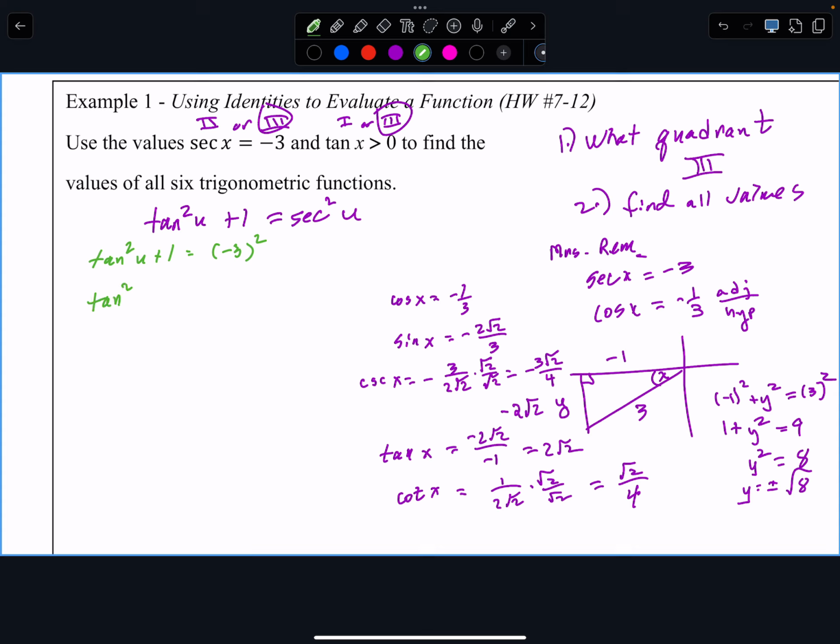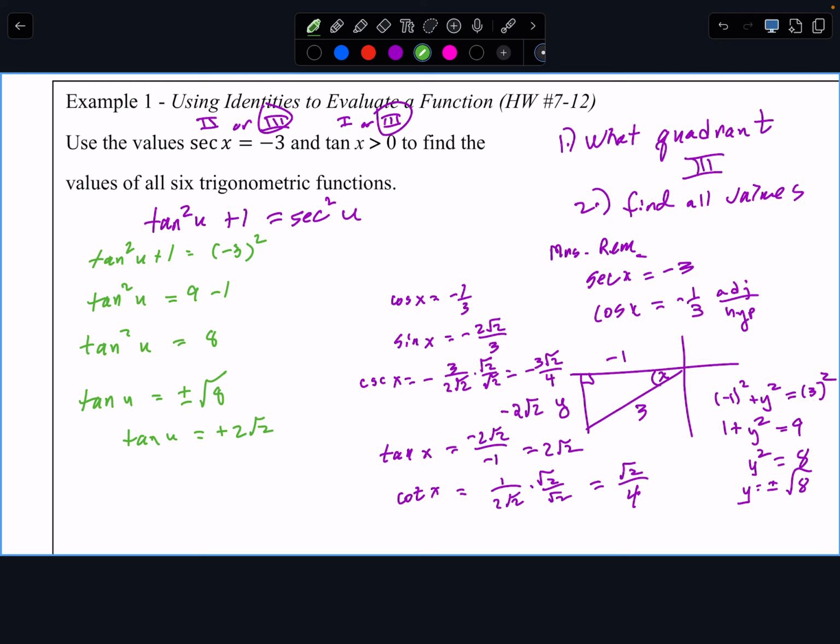And so they're going to say tangent squared of u plus 1 is -3 squared. So tangent squared of u is going to be 9 minus 1. So tangent squared of u is 8. And the tangent of u is plus or minus the square root of 8. And you need to pick the positive because you have to have figured out that you're in quadrant 3.